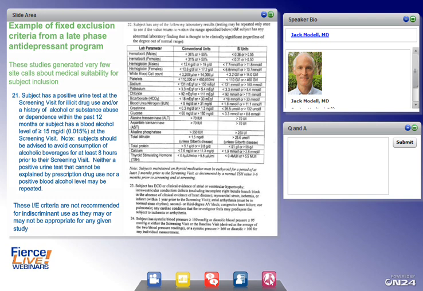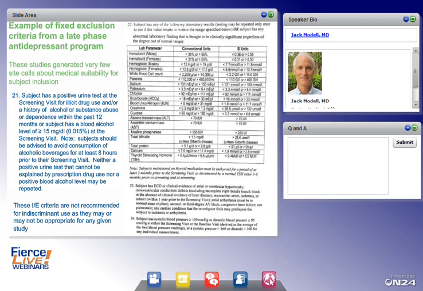And on the whole, especially subjects that use illegal drugs, and yes, this is a generalization, but they're less likely to be open and honest with you about certainly drug use and maybe some other medical things than those who don't. Now, granted, anyone can be honest, anyone can be dishonest, but since your inclusion-exclusion criteria, all of them really deal with probabilities, and you're trying to do the best you can to get the population that you want, eliminating subjects who are illegally using drugs is generally a pretty good idea.